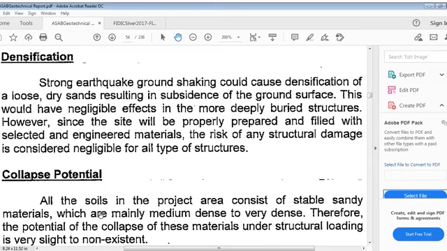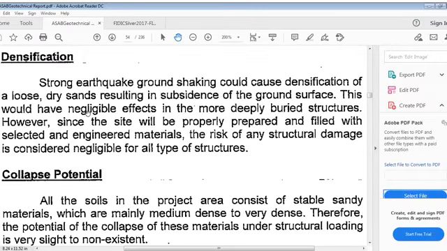Strong earthquake ground shaking could cause densification. That's called densification. Strong earthquake ground shaking could cause densification of loose, dry sands, resulting in subsidence of the ground surface.